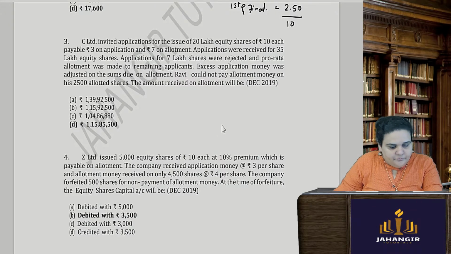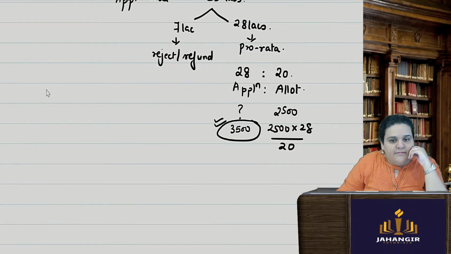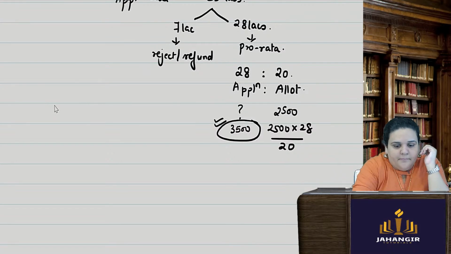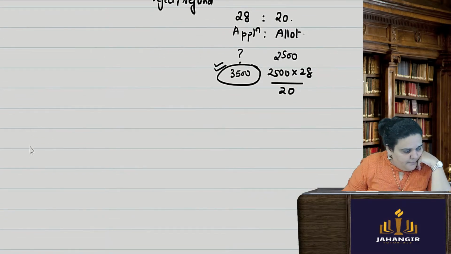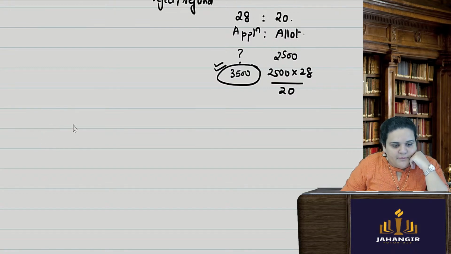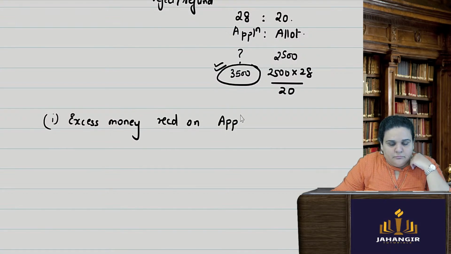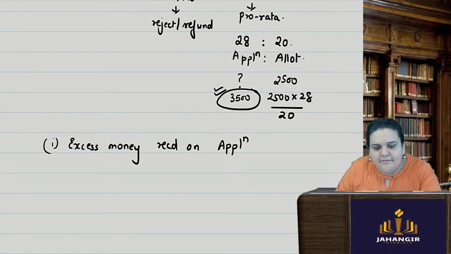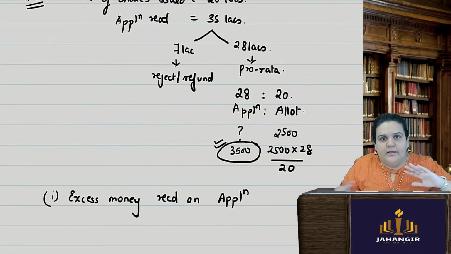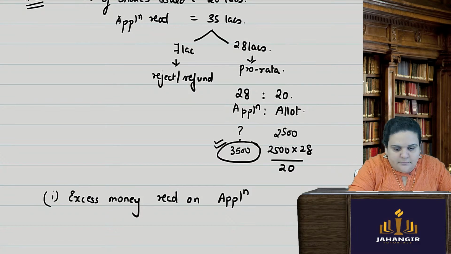So I have to calculate the total amount received. Now how is that? First thing, I will find the excess money. I am just finding the amount received on allotment, but first the excess money received on application. 7 lakhs I have refunded, so totally I am not accepting only. I am just accepting 8 lakhs more shares.